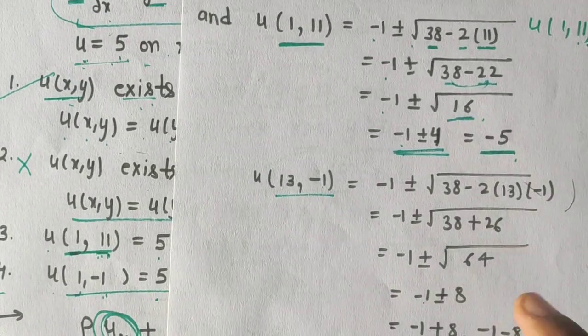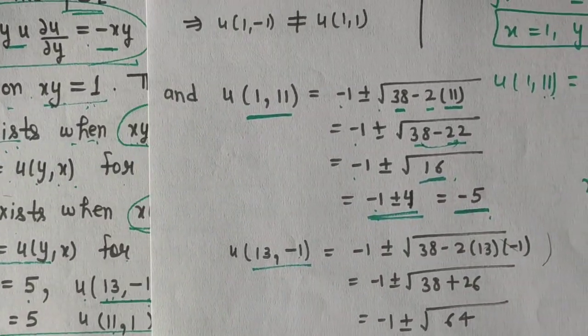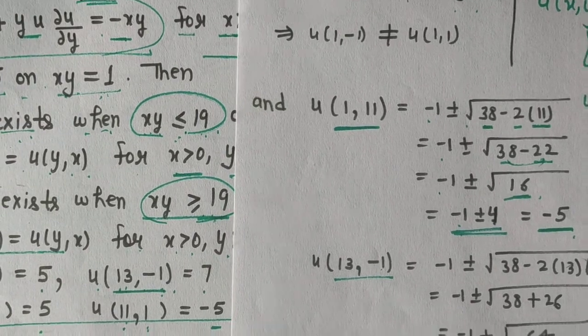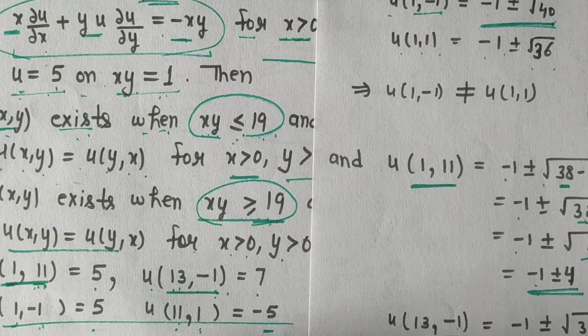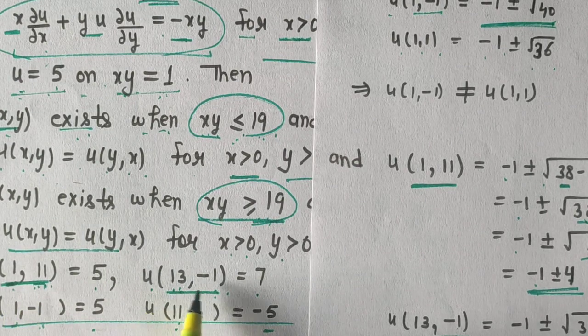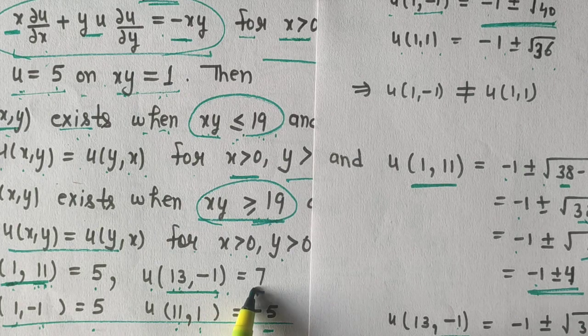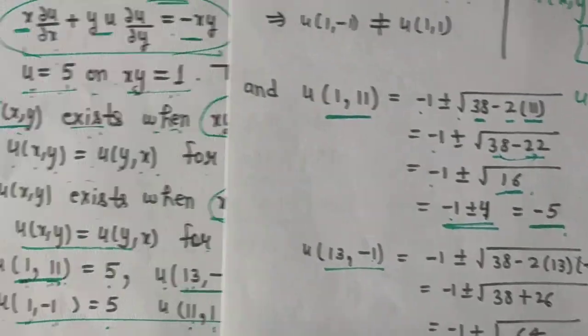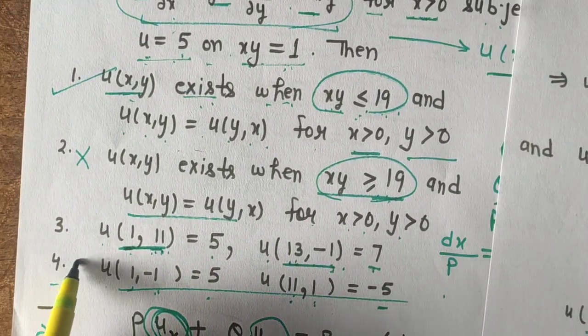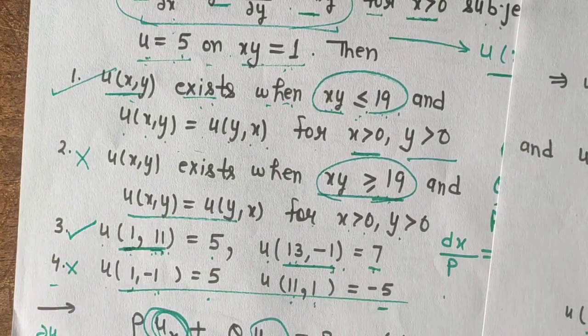After evaluating, we compare which of the following matches. In the third option, the values at 1 comma 11 and 13 comma minus 1 match. So the third option is the right answer and the fourth is the incorrect option.